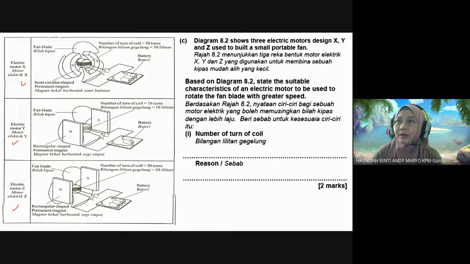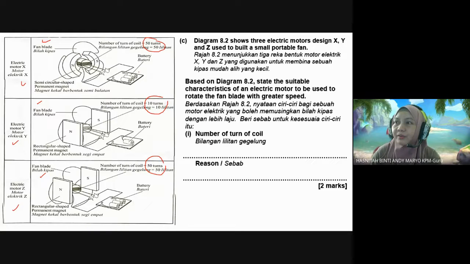The first one, you can check on the fan blade. Tengok fan blade, apa beza fan blade dia, sama ke? Then what else? The number of turns of coil. X uses 50 turns, Y uses 10 turns, Z uses 50 turns. Then what else can you see there?